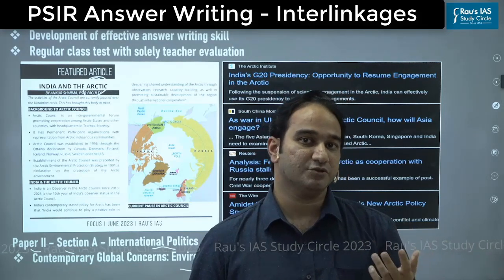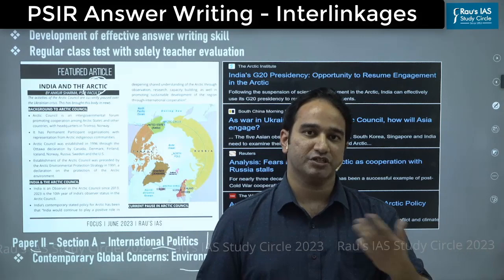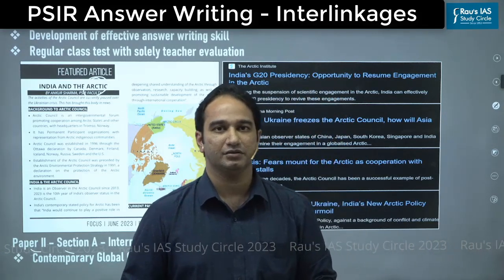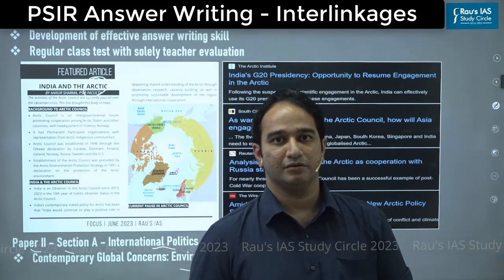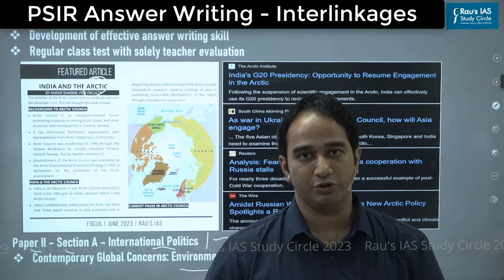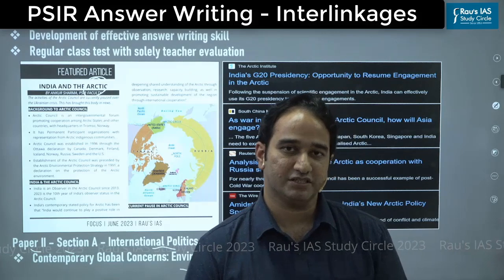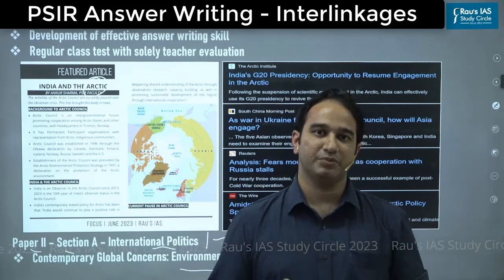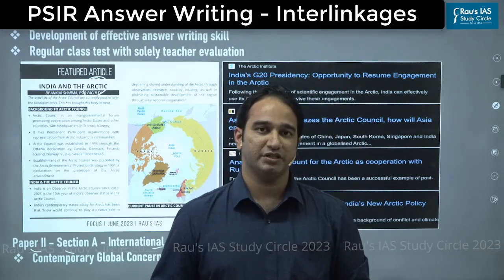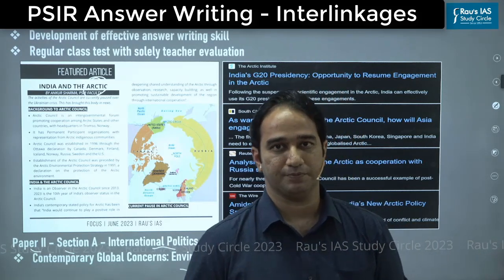Now, because the Arctic Council is not working, new projects within the Arctic are not being allowed to move forward. And therefore, India's work in terms of science and technology within the Arctic has come to a halt.